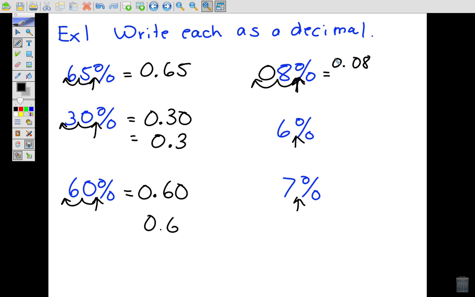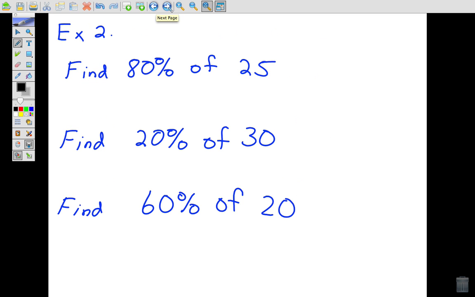Now on the 6%, I got to add a 0, so I can move it 2 places left, and I get 0.06. 7%, add a 0, so I can move it 2 places left, and I get 0.07. So all you do to change a percent to a decimal is move the decimal point 2 places to the left.